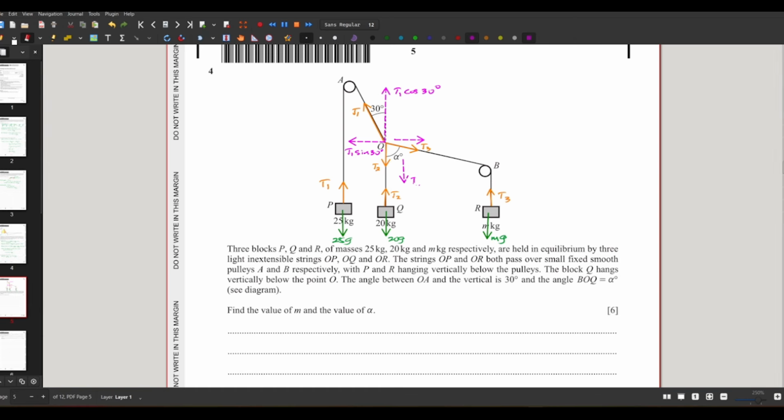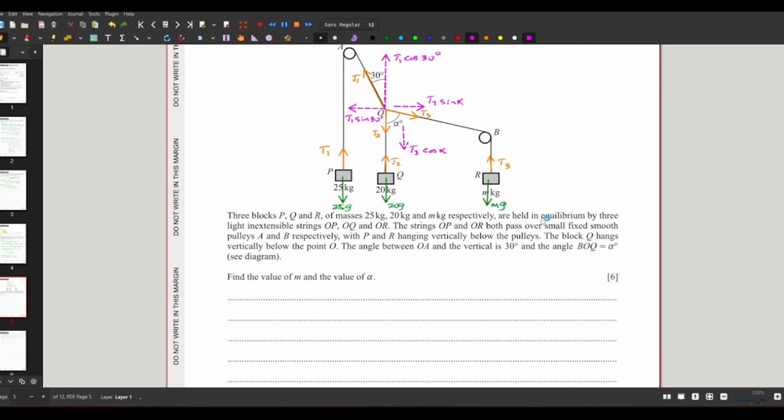Sorry, put that line. So this is T3 cos alpha, and this is T3 sine alpha. These are the main things we should indicate first. So we don't have any acceleration because the system is in equilibrium, right? So the system is in equilibrium, therefore we are not considering the acceleration. So it's 0.